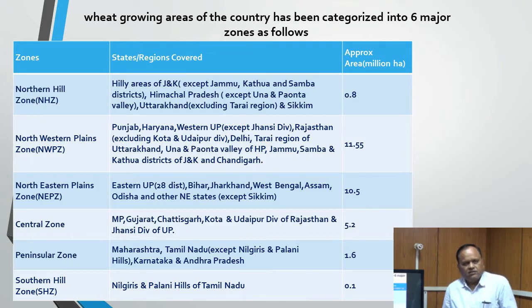So you can see the approximate area in the 6 major zones.